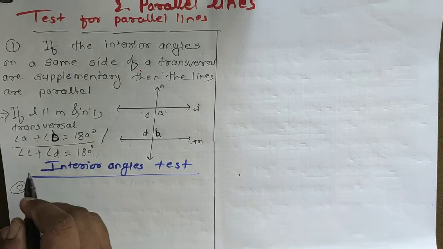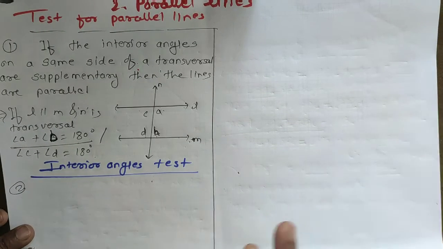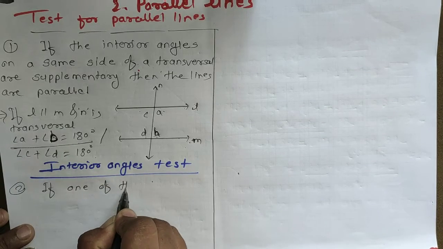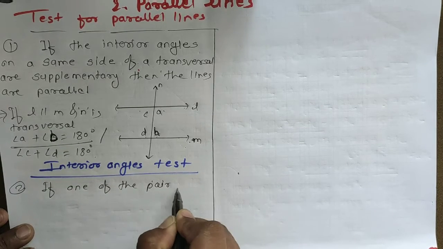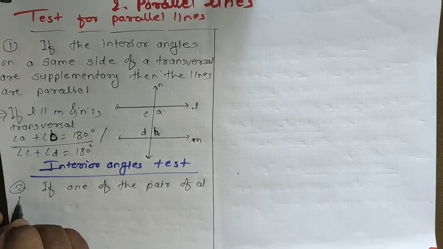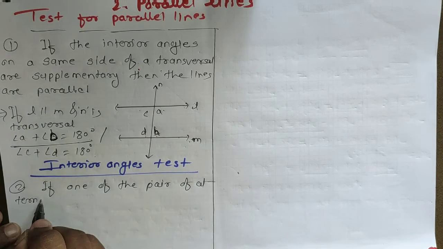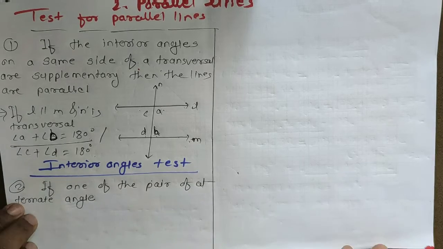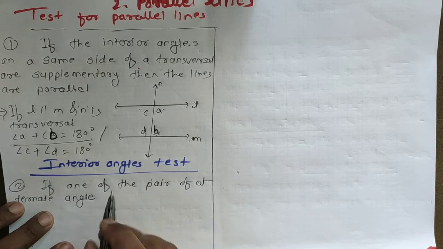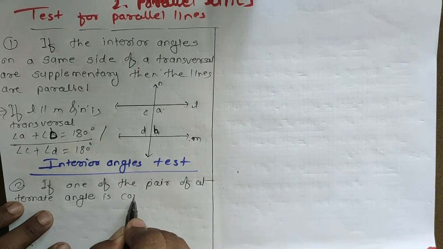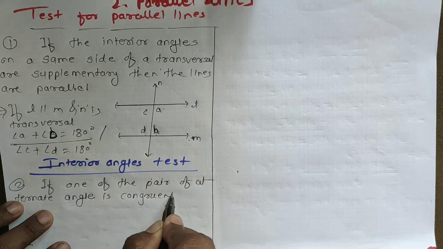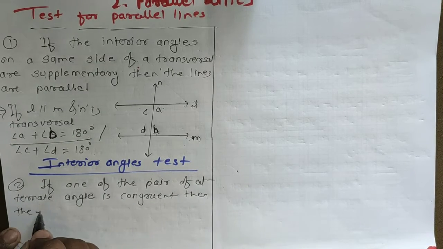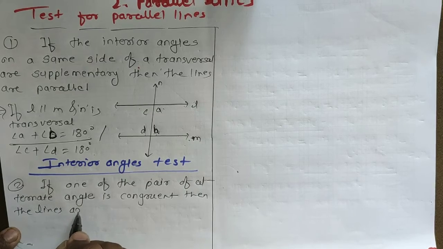Now the second property: if one of the pairs of alternate angles is congruent, then the lines are parallel.